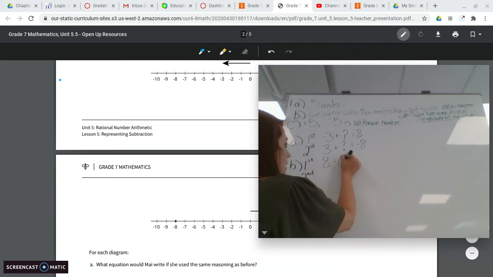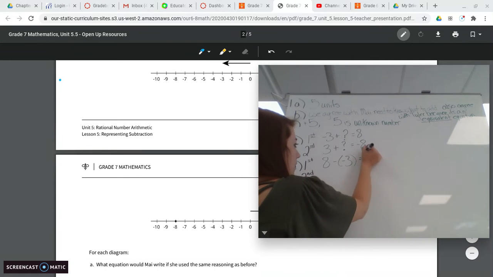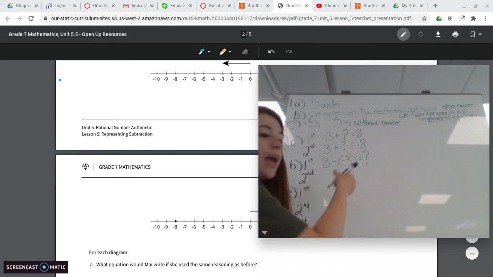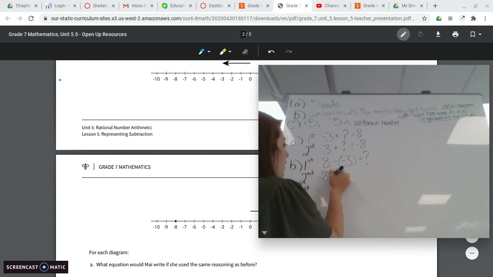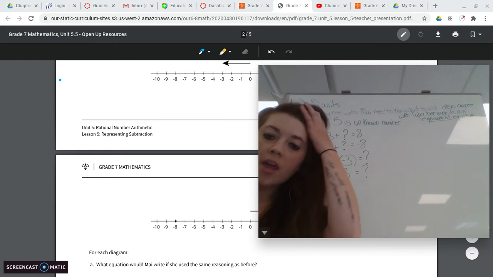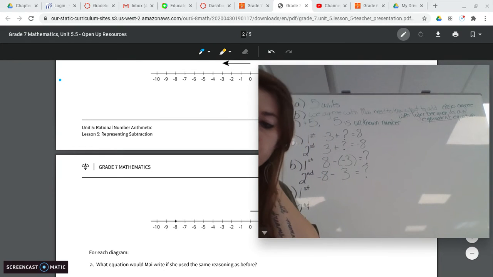So 8 minus the negative 3 equals question mark. For the second one, he'd start with the negative 8 and then subtract the 3, that's positive this time, to get the question mark. So that would be how Tyler would do it for this one.